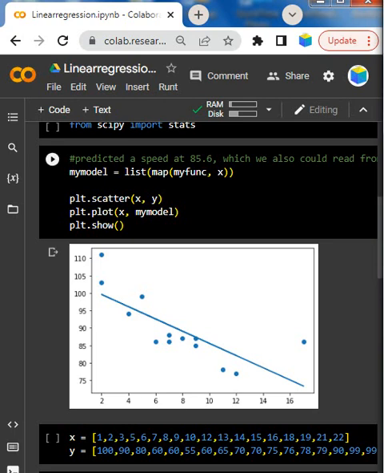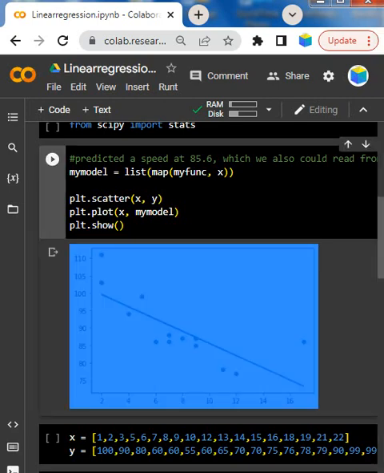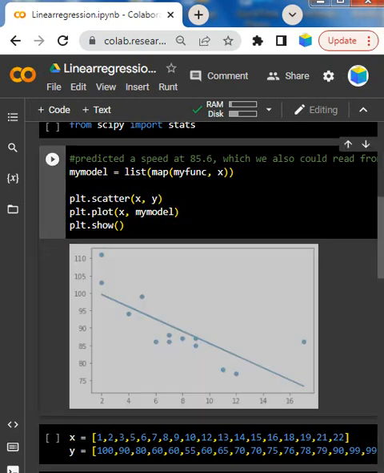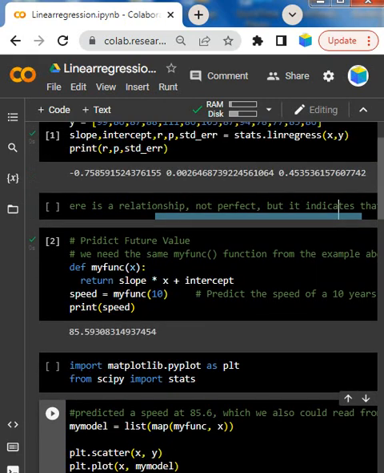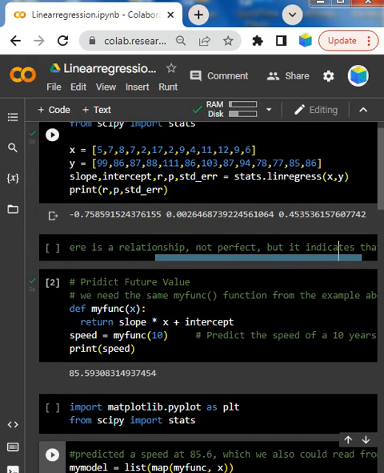So the coefficient of correlation is called r. Look here, r means the coefficient of correlation.